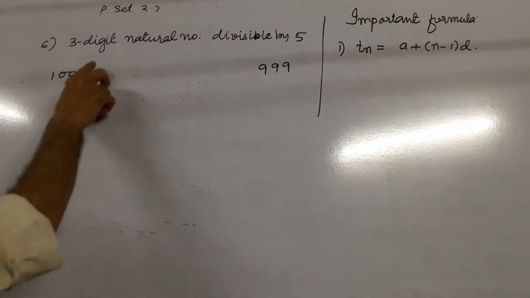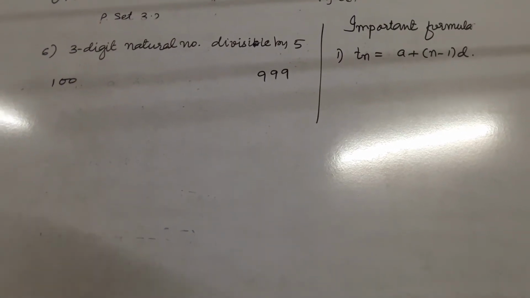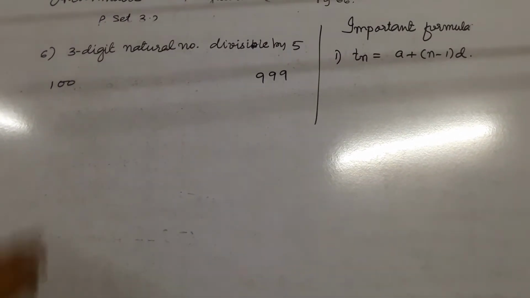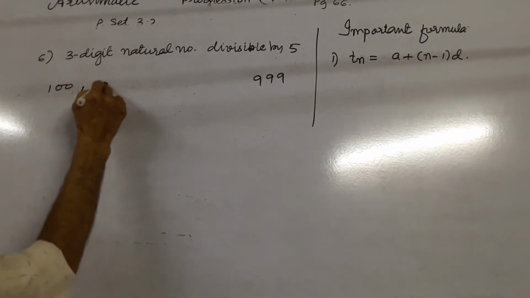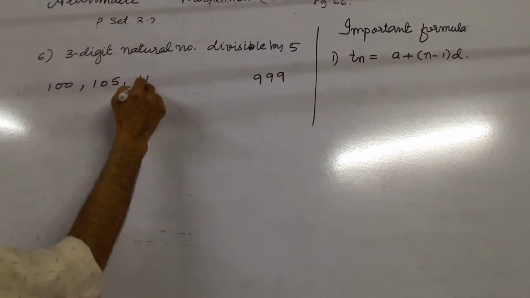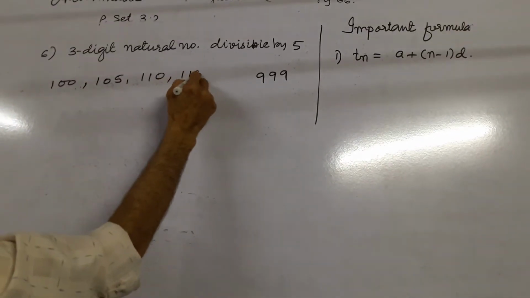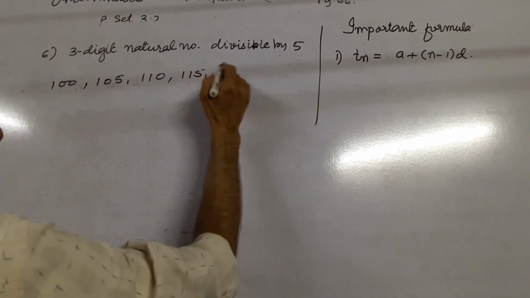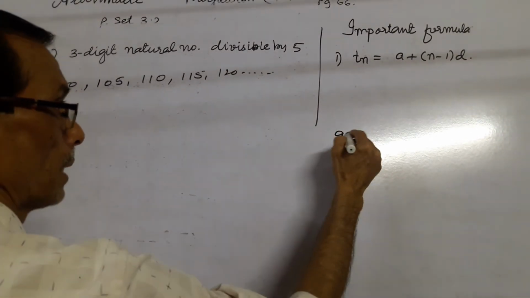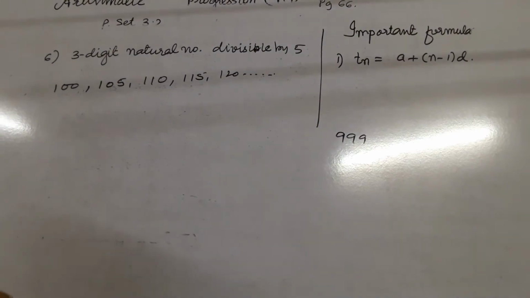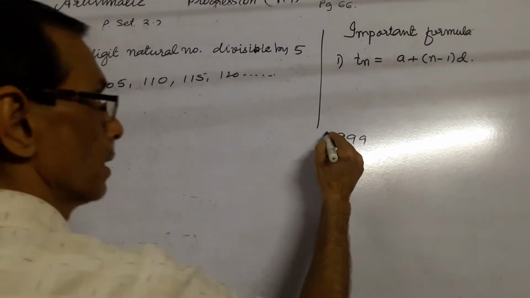But the condition is divisible by 5. So which are the numbers divisible by 5? We know that 100 is divisible by 5. So after 100 will come 105, 110, 115, 120, and so on. But we know the last one is 999, but 999 is not divisible by 5.